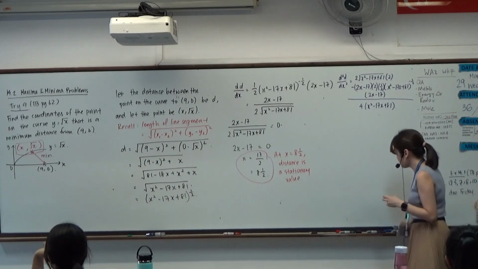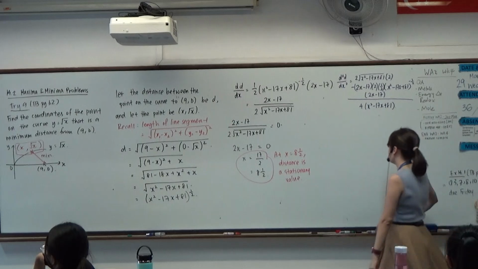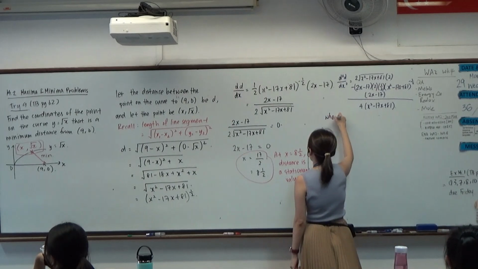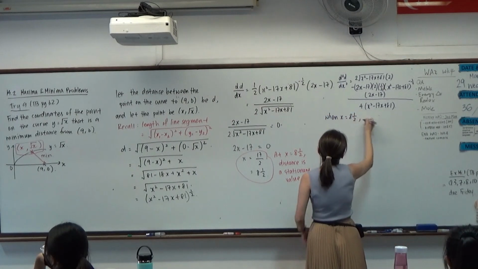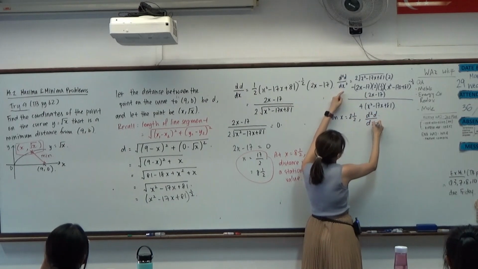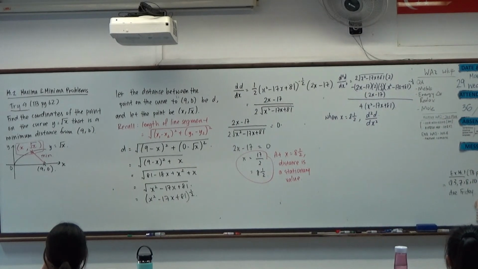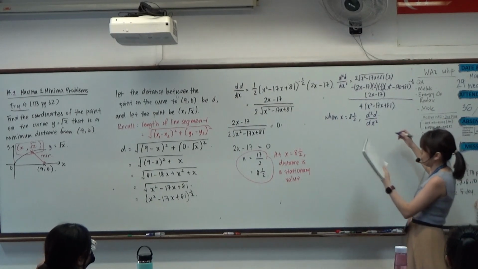So you have to go through all of this in order to say, when x equals 8.5, sub in here. I wouldn't bother to simplify, I'll just press the calculator.